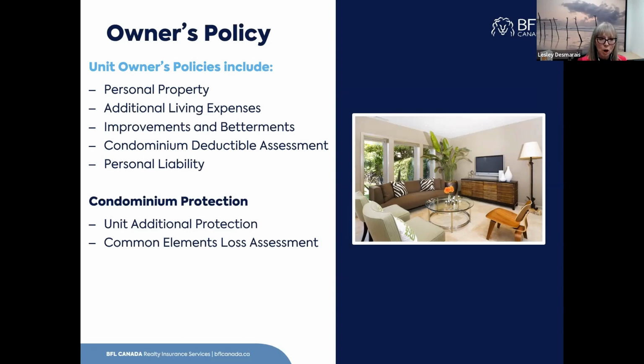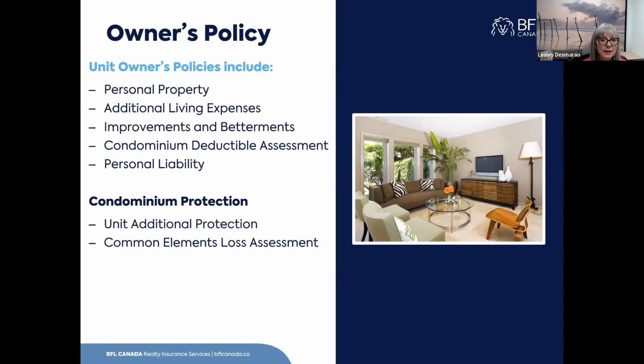It has to be to a common element though, back to unit owners, and this coverage under your unit owners policy would actually cover that deductible. So it's actually insurance for a deductible. It's not deductible assessment, but it's to cover common losses that would occur to common property.